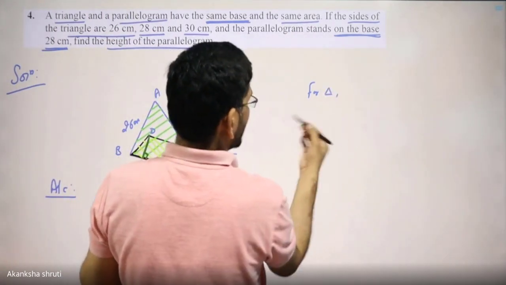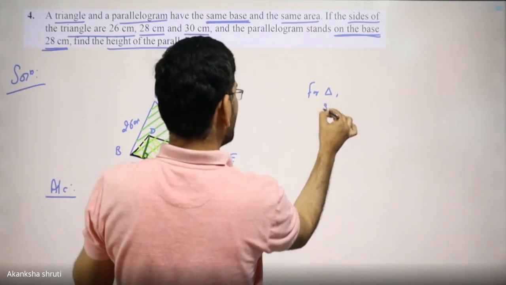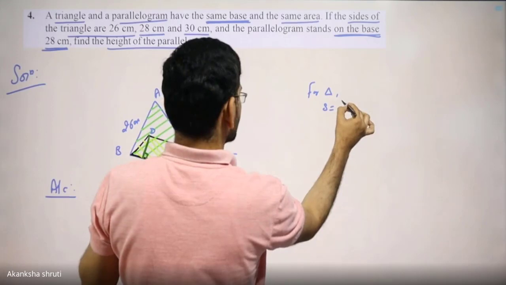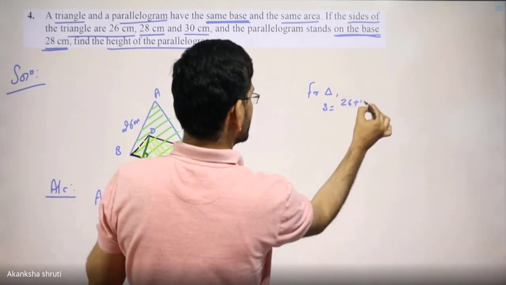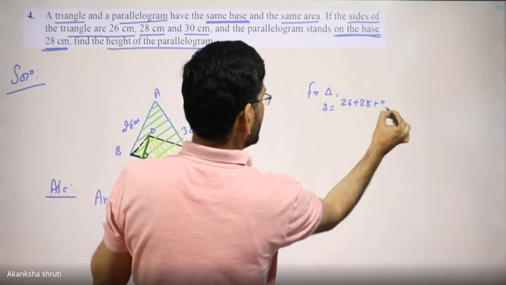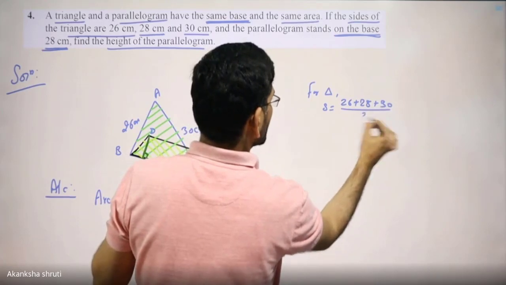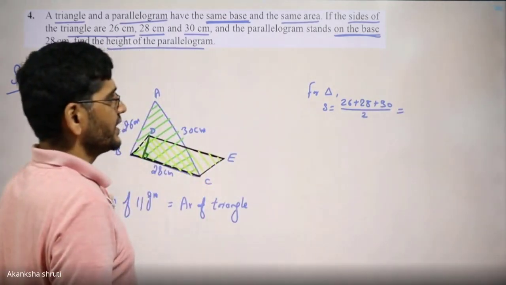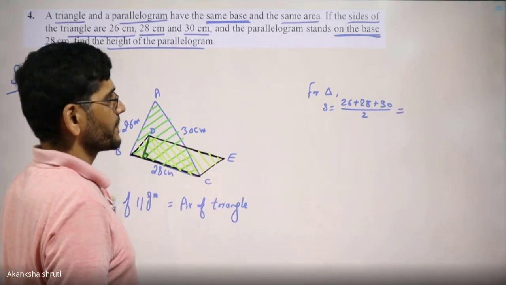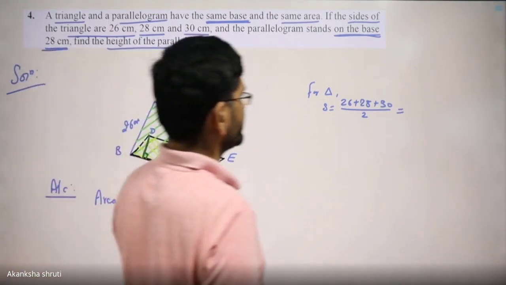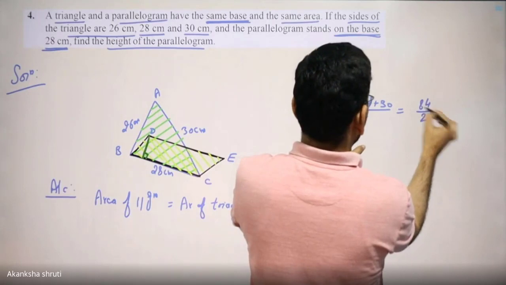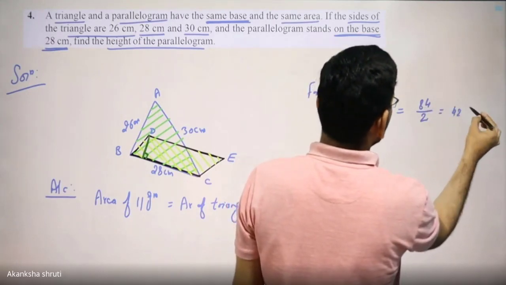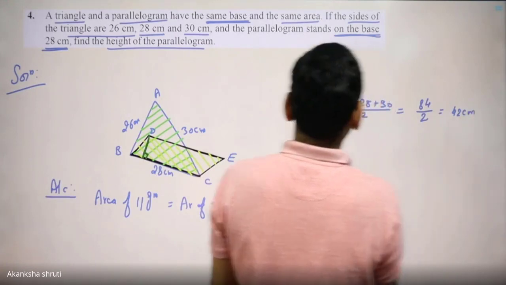So for the triangle here, the semi-perimeter S will be A plus B plus C by 2. Means I can write 26 plus 28 plus 30 by 2. Go for adding and dividing this. It becomes 84 by 2, it becomes 42 centimeter.